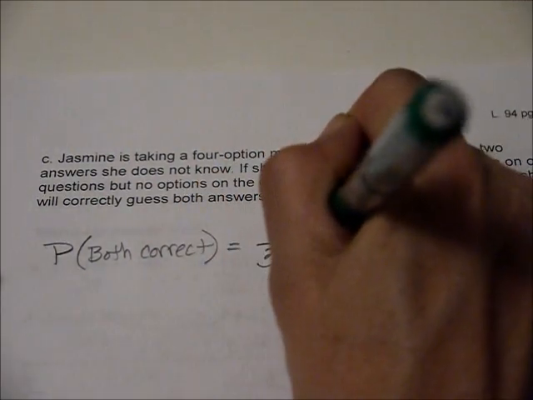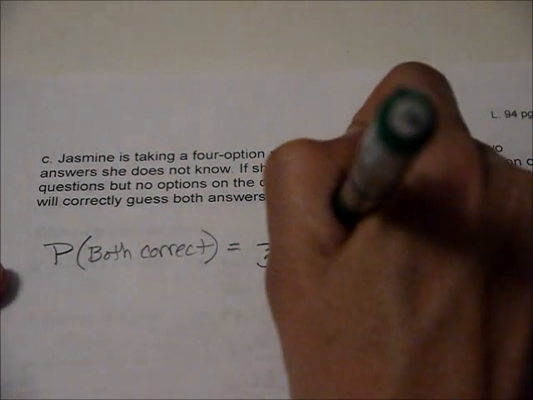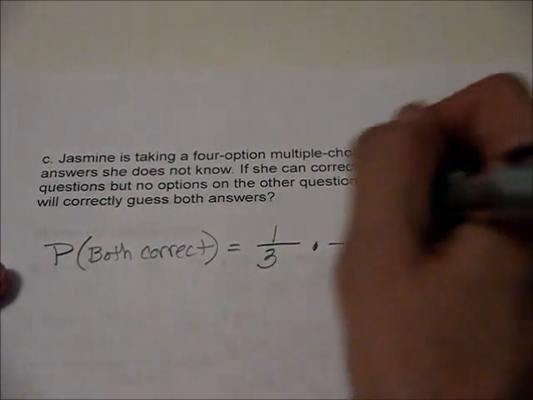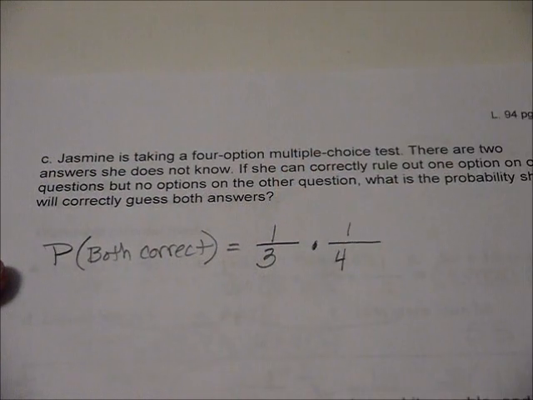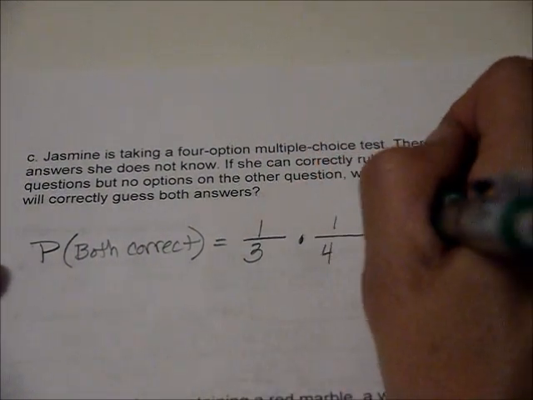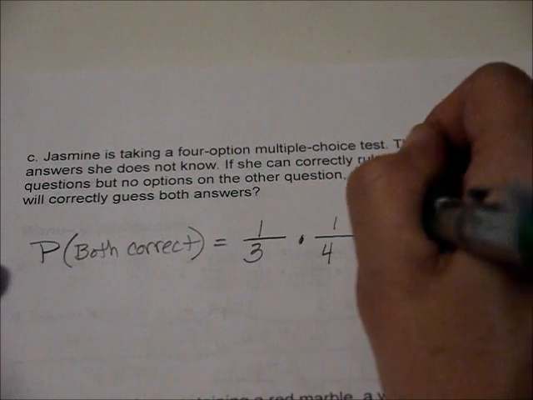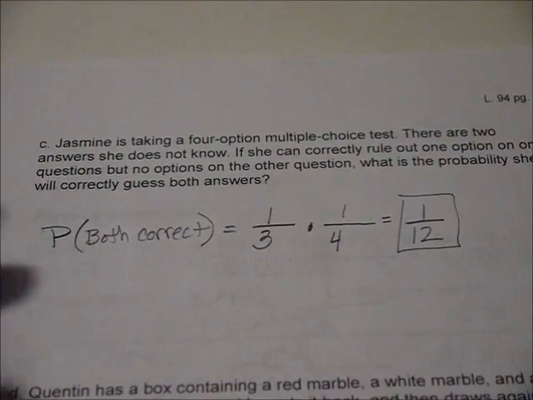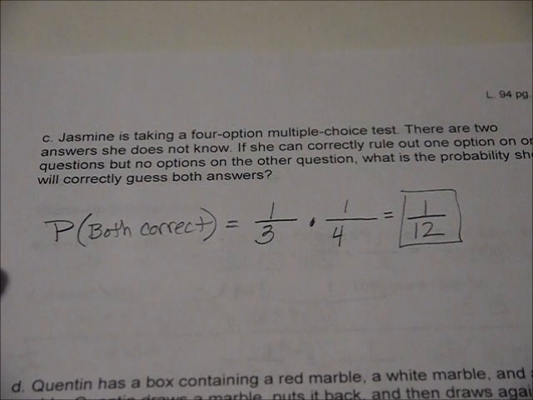And for the next one, with no options ruled out, it's 1 out of 4 probability that she'll get it right. What's the probability she'll get both of them right? It's 1/12. So it's not a great probability when you don't know the answer.